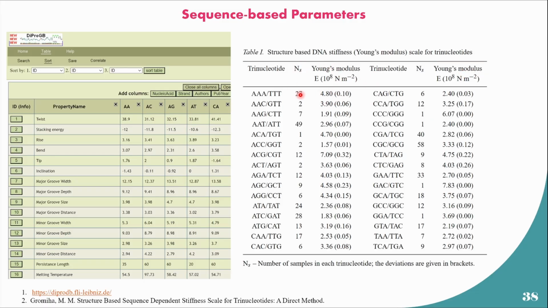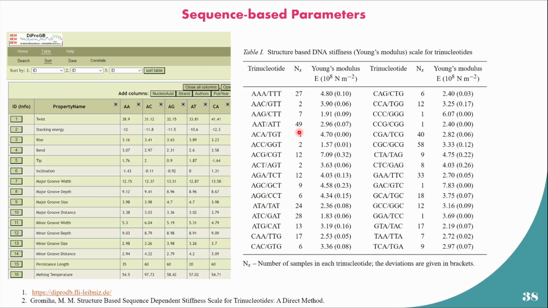Now the number of samples that they used, so they of course used some database to determine the values for the individual trinucleotides, but you will notice that in some cases, for example, in this ACA TGT, for this ACA trinucleotide, they only got one sample from which they could calculate the data.